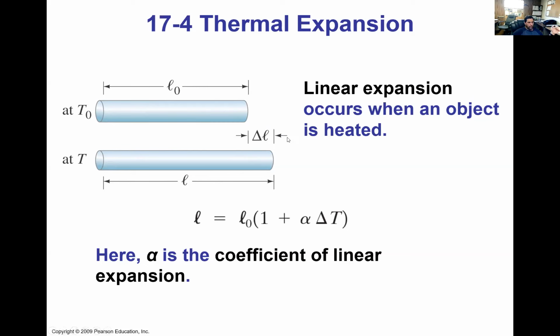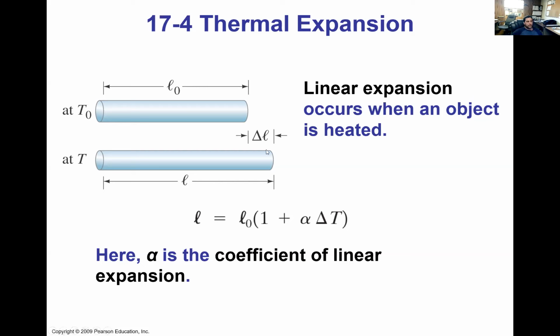Okay, so the equation for this is the final length is equal to initial length times 1 plus, and this symbol right here is called the coefficient of linear expansion. It's a proportionality constant, okay? It's a lookup, or it's something that would be given to you. It varies by material, okay?